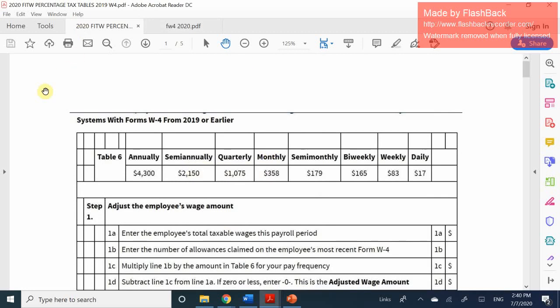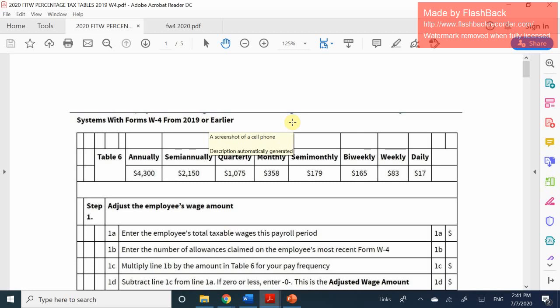Here they give you directions on how to do it. Now, there are two ways, because they have one using the 2019 W-4 form, and they also have the one where you can calculate using the 2020 W-4 form. In this class and this class only, I am going to teach you the one where you're using the W-4 form from 2019.